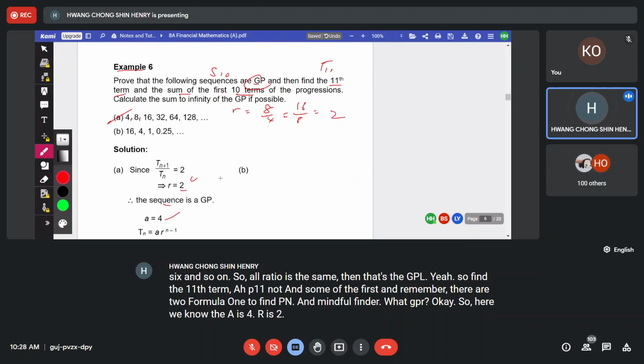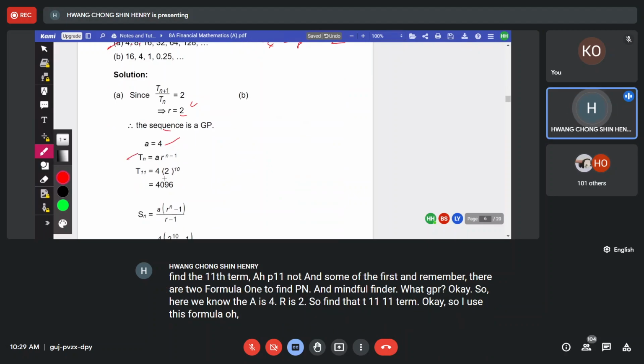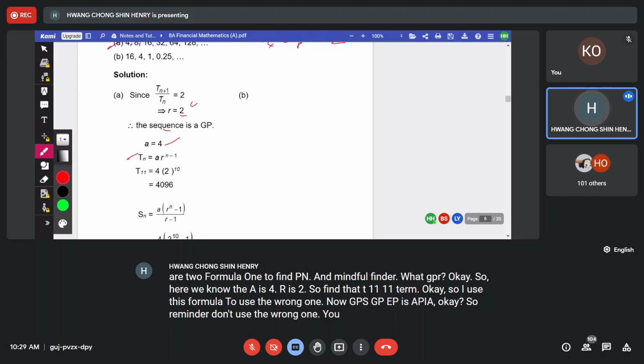So find the T11 term. Okay, so I use this formula. Don't use the wrong one. GP is GP, AP is AP. So reminder, don't use the wrong one. If you use the wrong one, then it's a total waste.